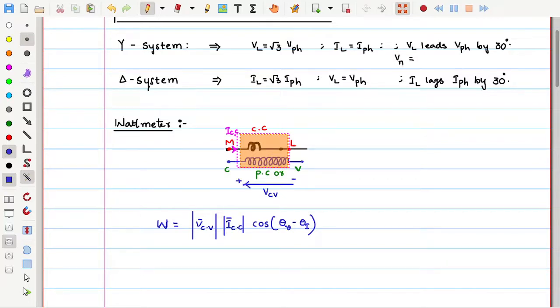This is the wattmeter reading. Any wattmeter will read this value.